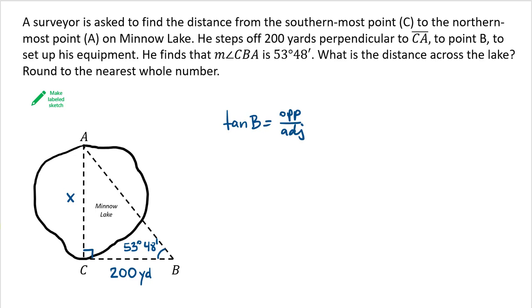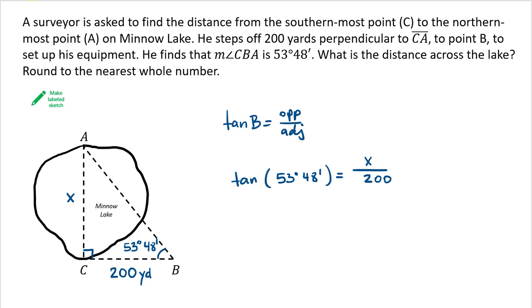So let's plug in what's known. Angle B equals 53 degrees 48 minutes. Now the opposite side is the unknown side, X, and the adjacent side is 200. We'll need to use a calculator to find X, but before that, let's solve for X. Let's get X by itself so that we know what to enter in the calculator.